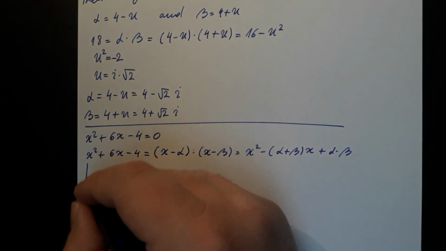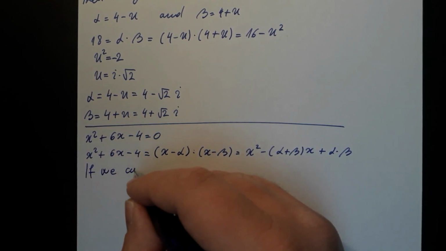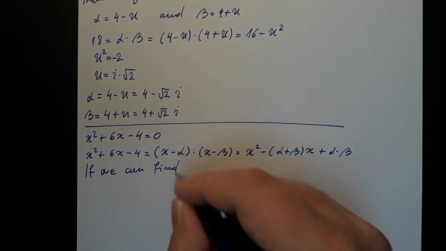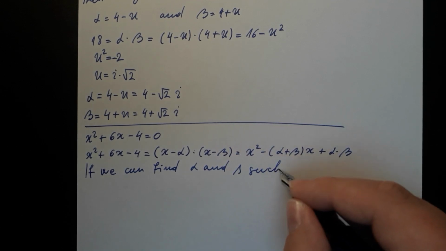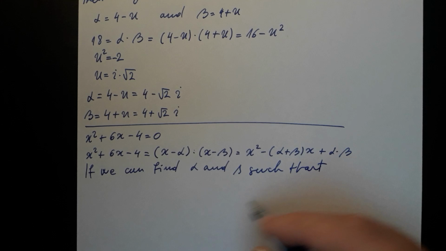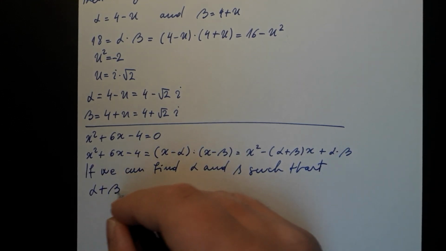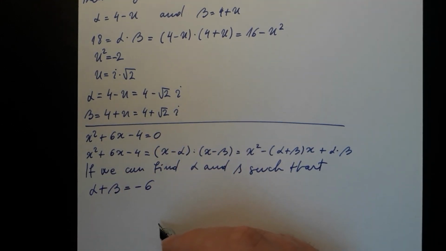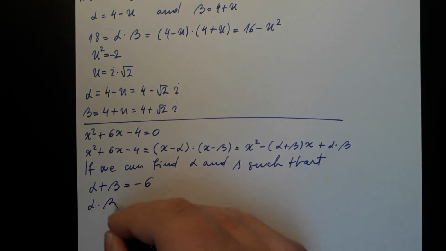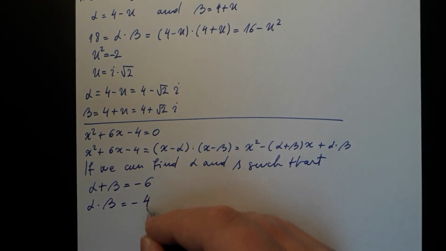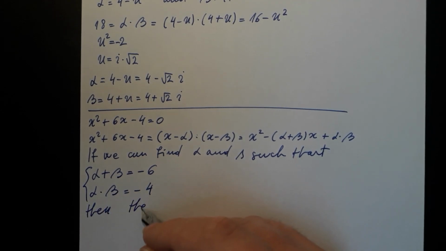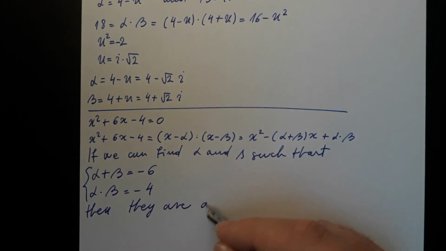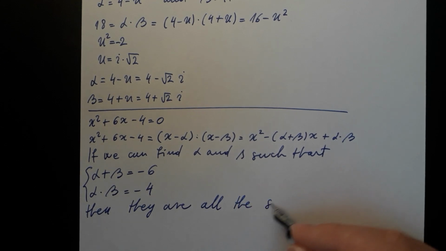If we can find alpha and beta such that alpha plus beta is equal to -6 and alpha multiplied by beta is -4, then they are all the solutions.